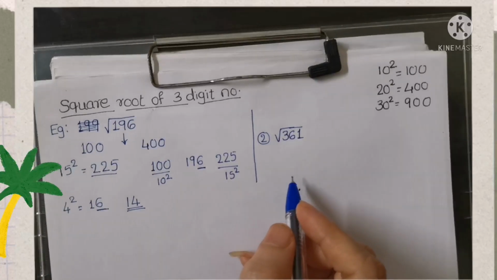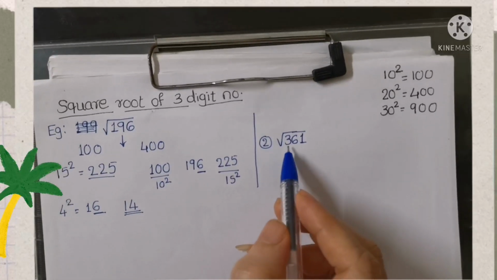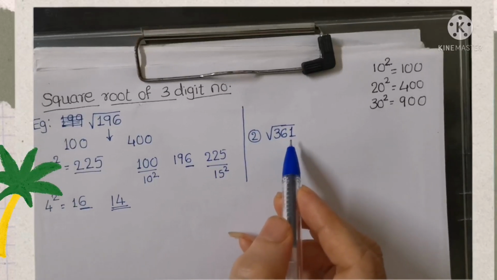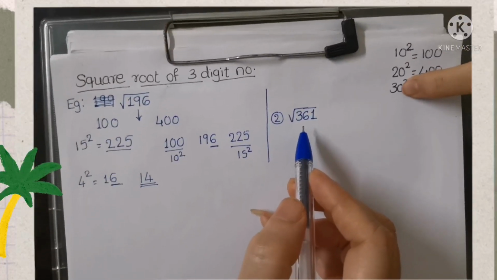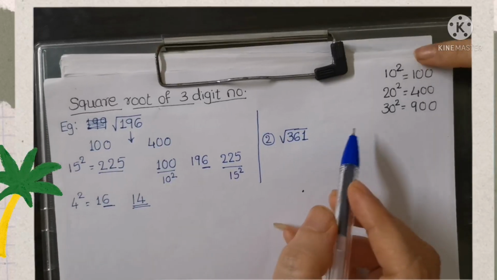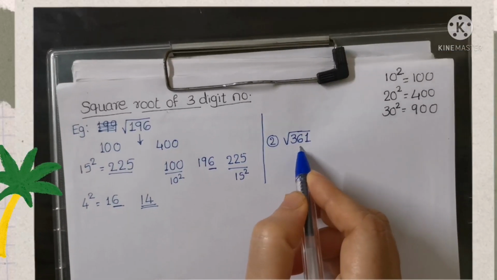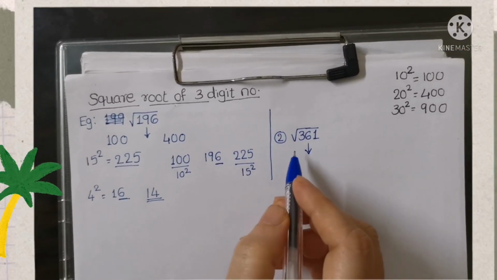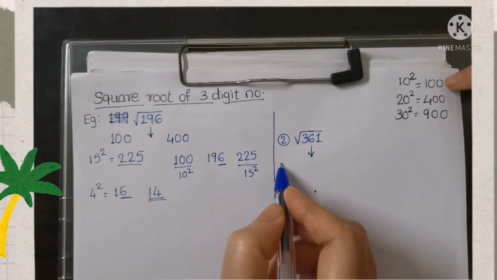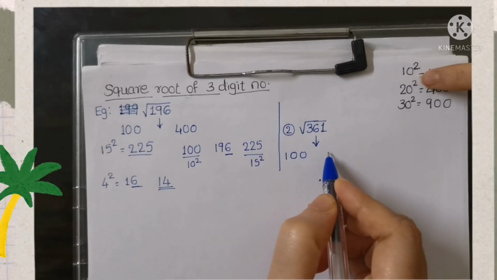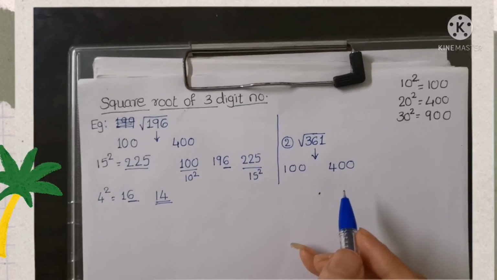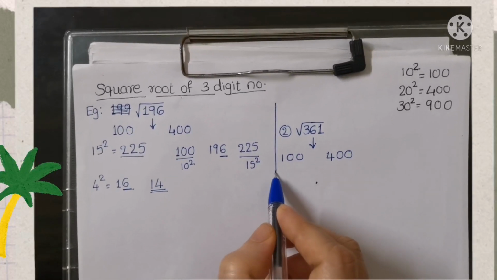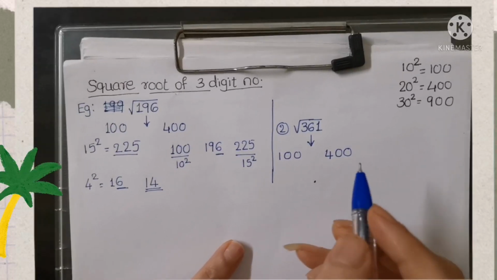So let's start with our next example. This concept will be easy for you, and you can easily find the square root of a 3-digit number in your exams. Our next example is 361. As in our last example, firstly we have to find the range of our number.